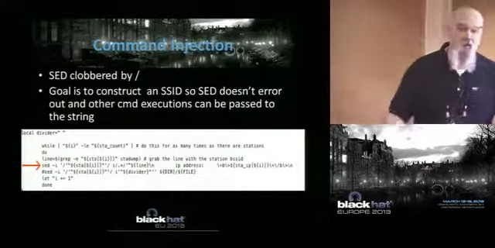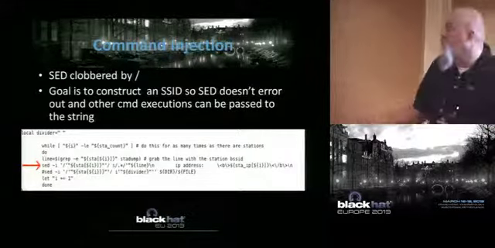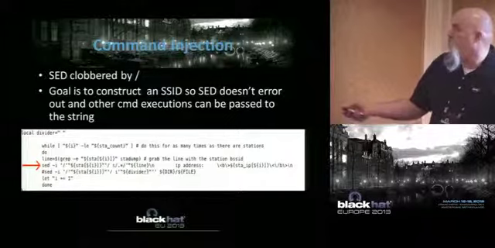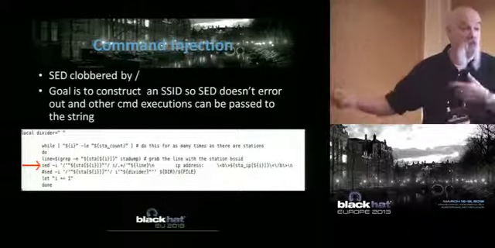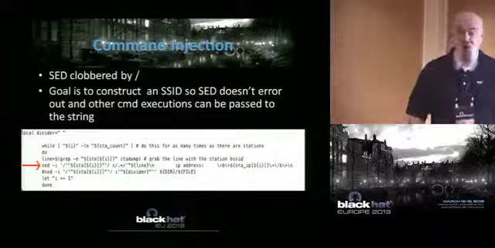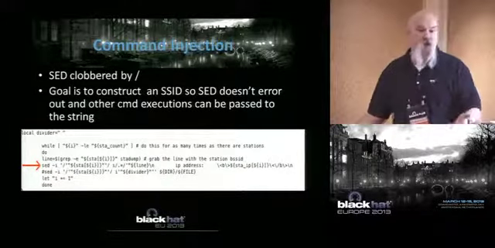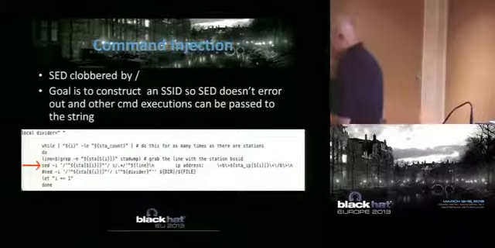So the ultimate goal here, and hopefully when I get back to the States and get some time to do more work on this, we'll get this working, is to create an SSID that will go through this parser without a problem and execute a command at the command level. And if the user's running as root, which more likely is going to be the case, I think this is very possible.